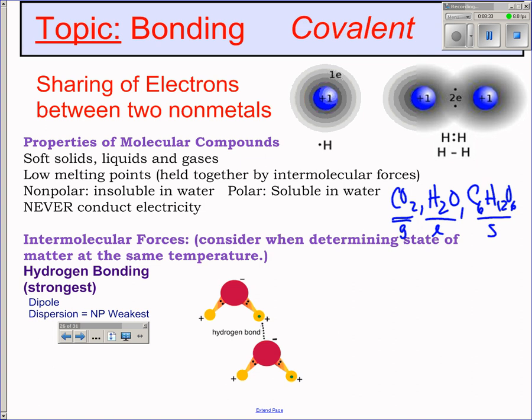So molecular compounds tend to be soft solids or liquids or gases. If they're a gas at room temperature, that means they have low melting points. Sometimes they're soluble in water, sometimes they're not. It depends on if they're polar or nonpolar. And they don't conduct electricity. Why? They do not have moving charged particles, of course.